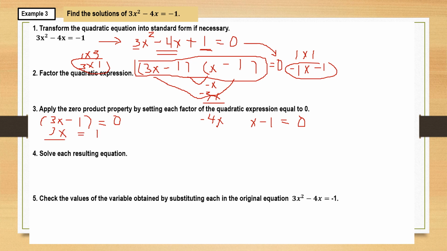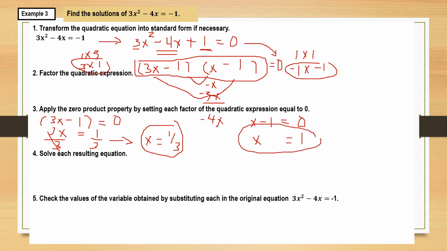Divide both sides by 3. Therefore, x is equal to 1/3. This is our x sub 1. And then for x sub 2, we have x is equal to, transpose negative 1 to the right side of the equation. So we have positive 1.